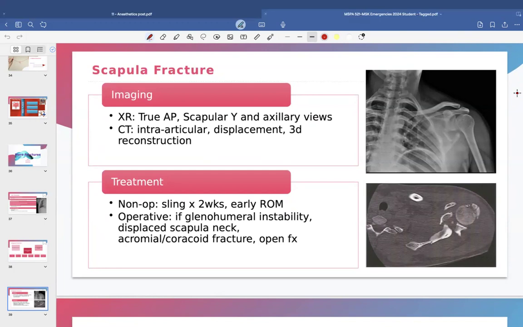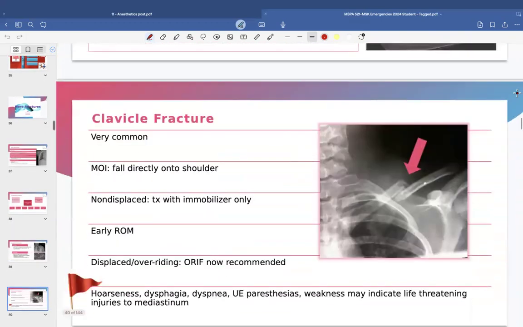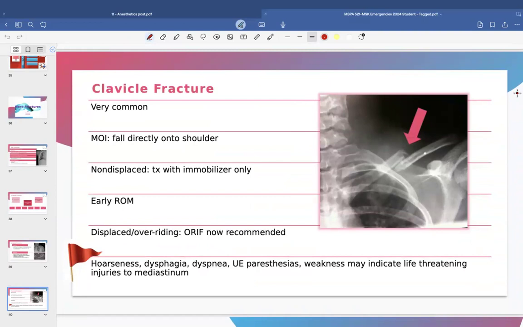Clavicle fracture is next. This just makes me think of a little kid skiing or skateboarding. I can't ask you guys medical questions like, did you do this when you were little? But a lot of people I know broke their clavicles when they were little kids. This is when you're falling straight on it.